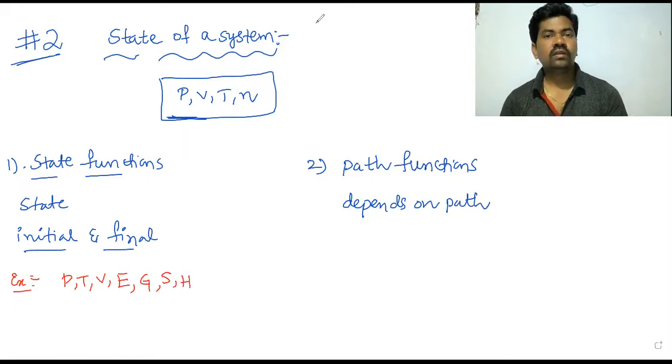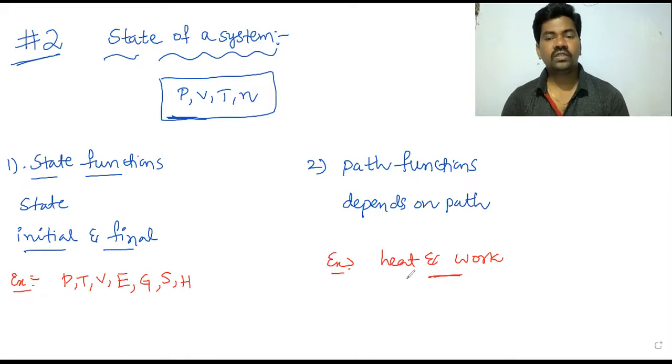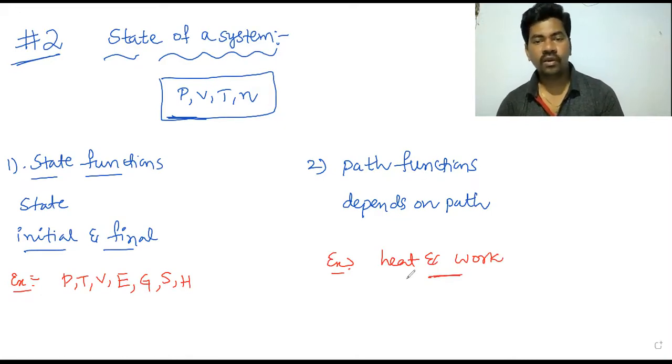These are all state functions. Then path function examples: heat and work. These two are path functions. So these two functions depend upon the path of the system.